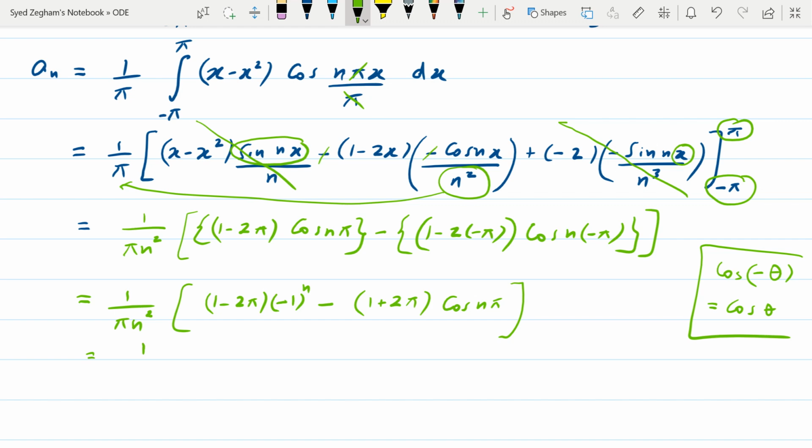So what we get is 1 over pi n square, 1 minus 2 pi times minus 1 to the power n, and this will become minus 1 plus 2 pi cosine n pi, that is again minus 1 to the power n.